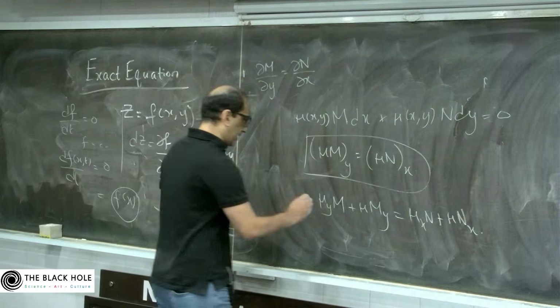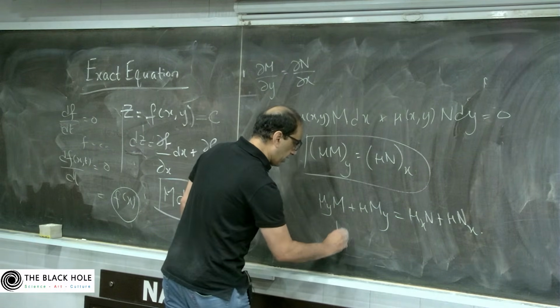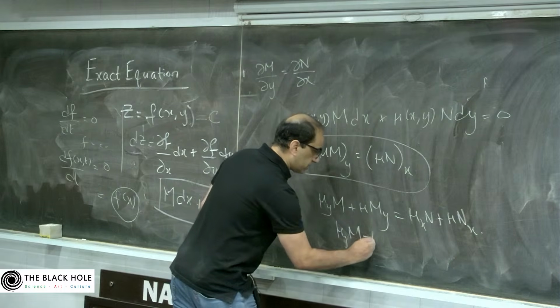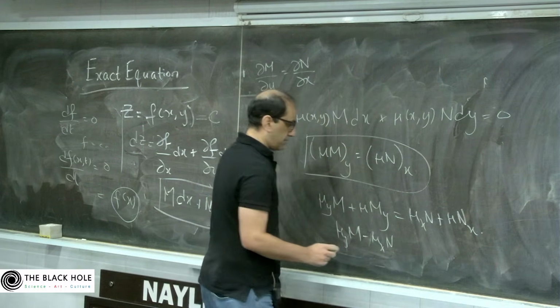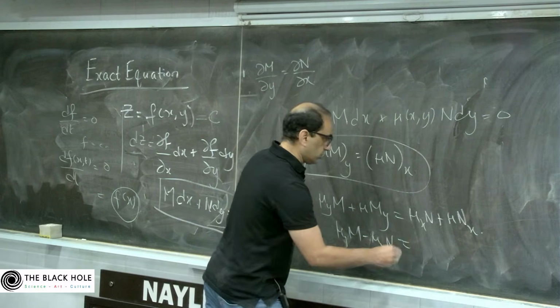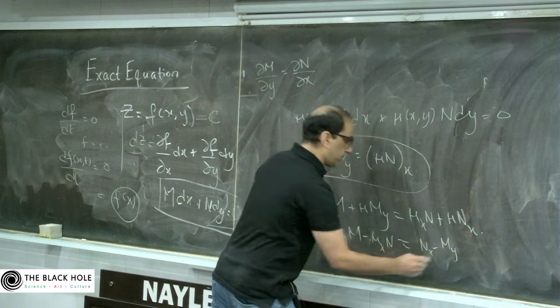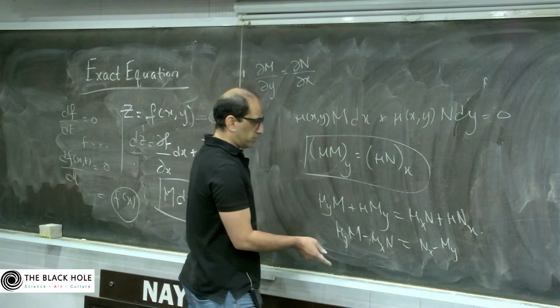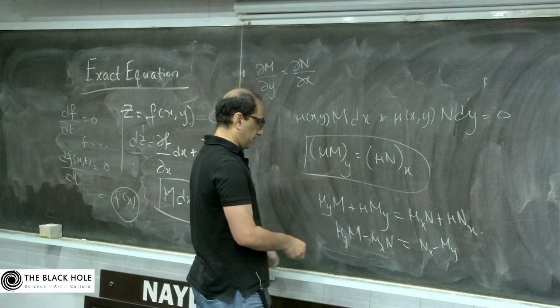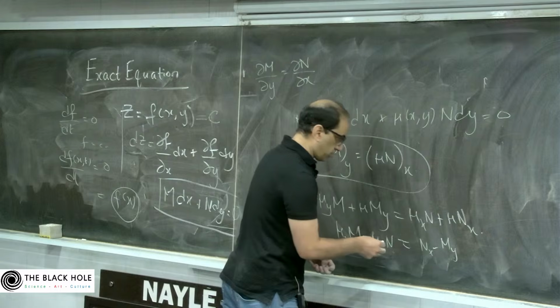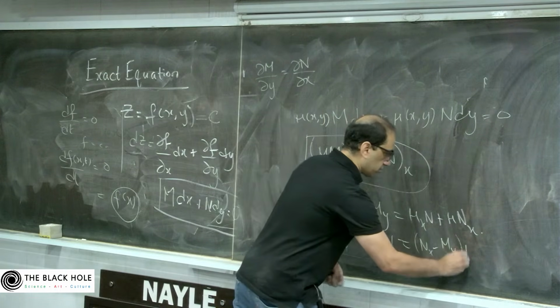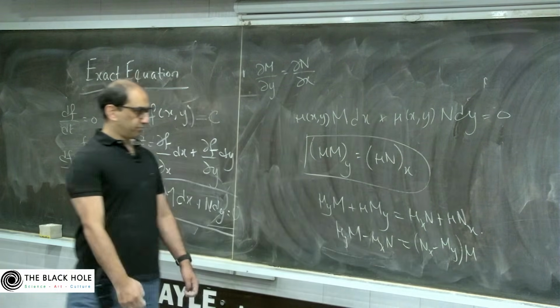And I can write this as mu of y m minus mu of x n is equal to nx minus my. Well, I can do it the other way around as well, but it's okay, no worries.